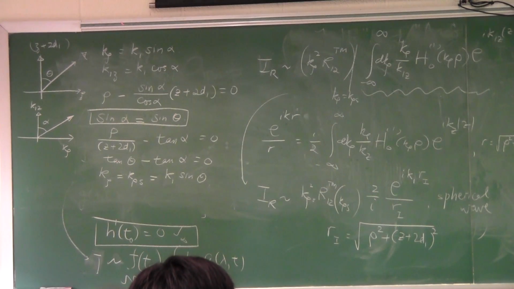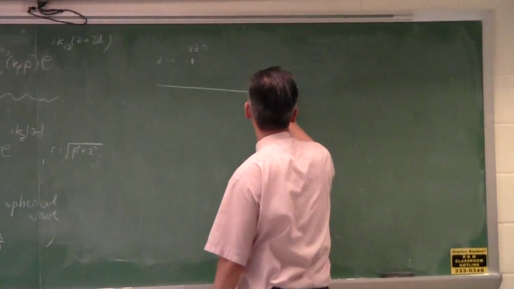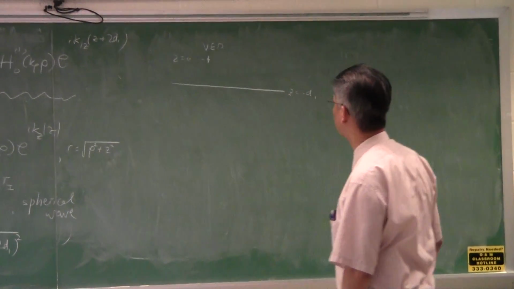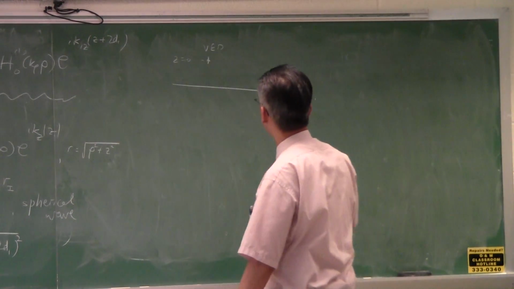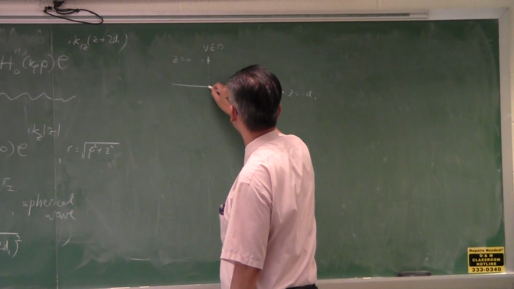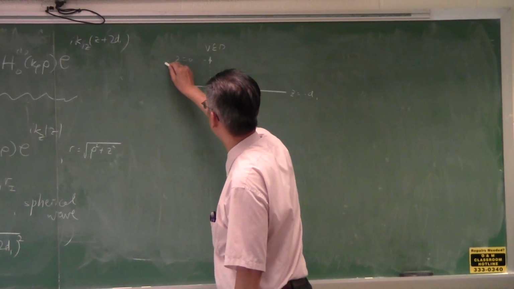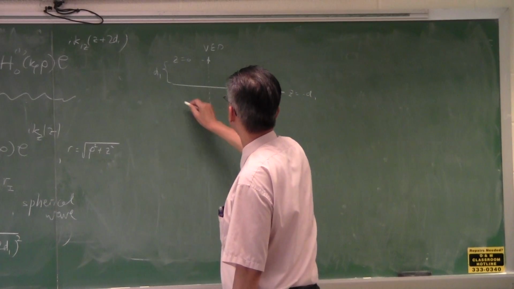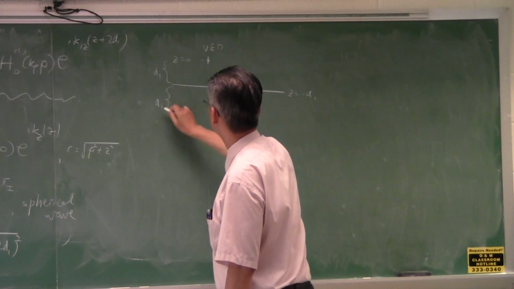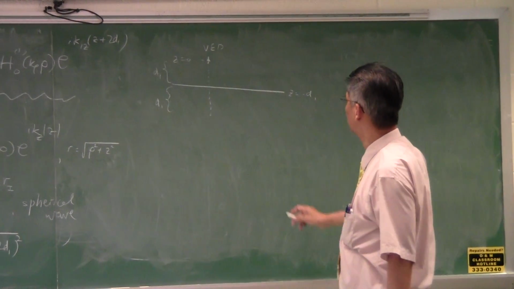Well, if you think about it properly, if I have a VED, and this is located at z equal to 0, and there is a half space at z equals to minus d1, and what is Ri? Okay, Ri is actually this distance. This distance here is d1. Hence, this distance here is 2d1 in total.